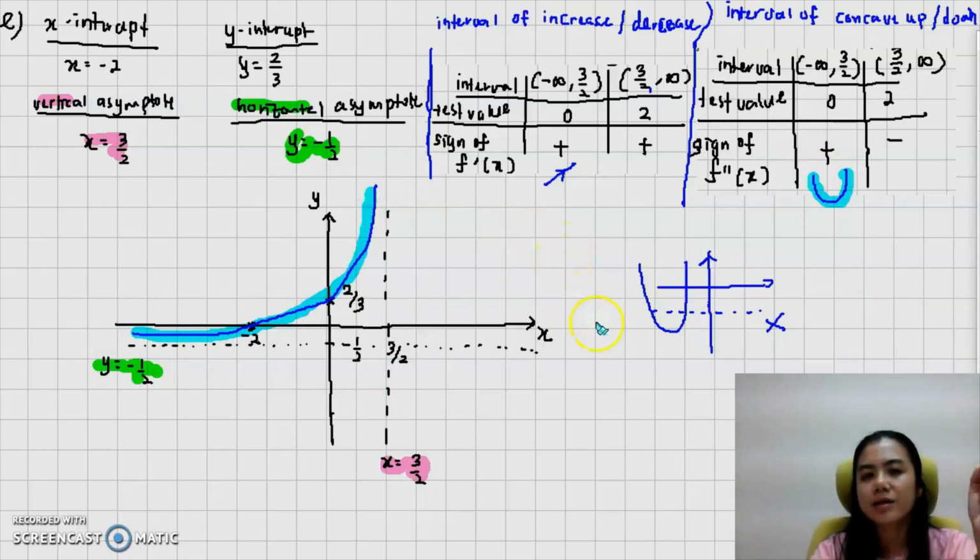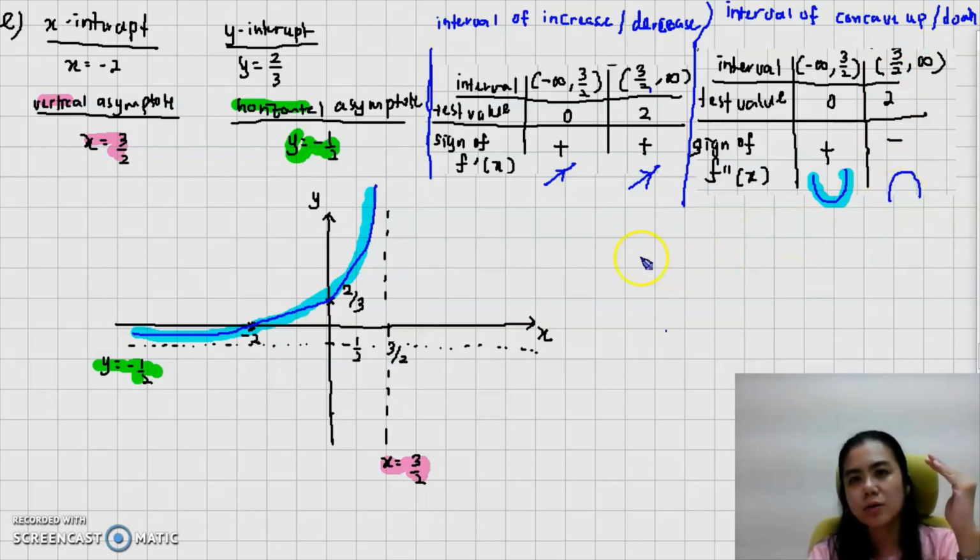Then let's look at another interval. The interval that we have here, we don't need this anymore. Same thing happens. This is also increasing, but when you look at this table, you will have a concave down. So you have to join the knowledge of these two tables.